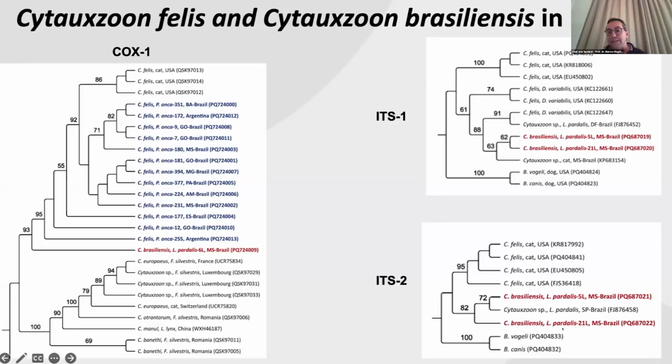We also detected a sequence from a cat, which is supposed to be Cytauxzoon brasiliensis and not Cytauxzoon felis. That's why we do not see cats dying of cytauxzoonosis in Brazil, which is very common in the USA. So probably because cats are infected by Cytauxzoon brasiliensis.